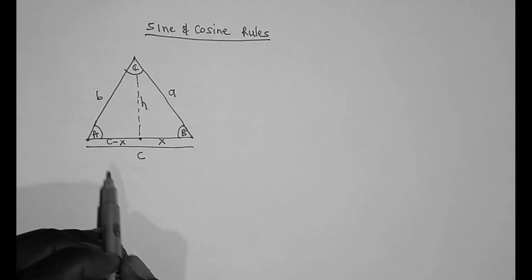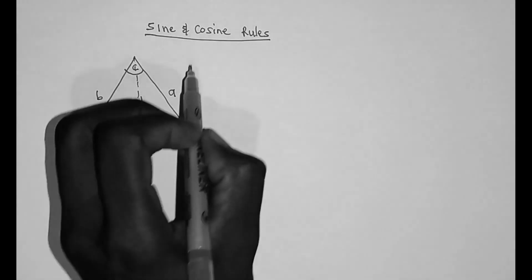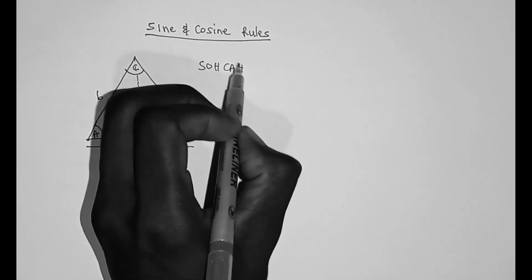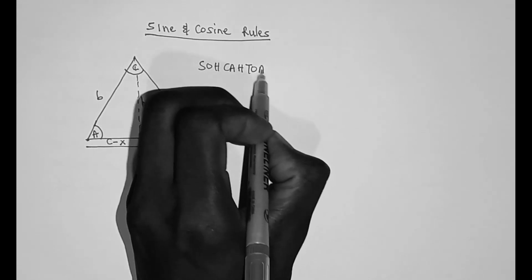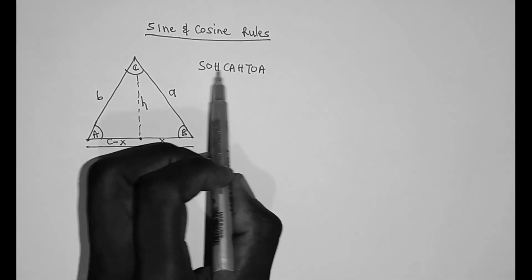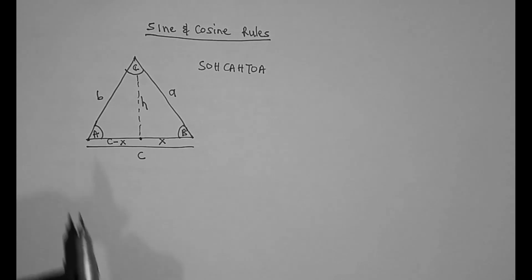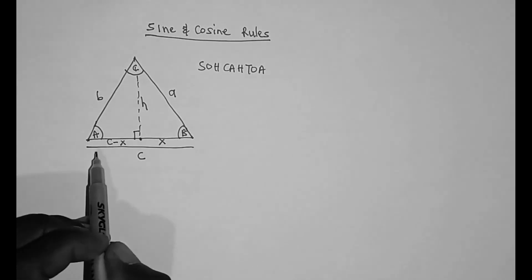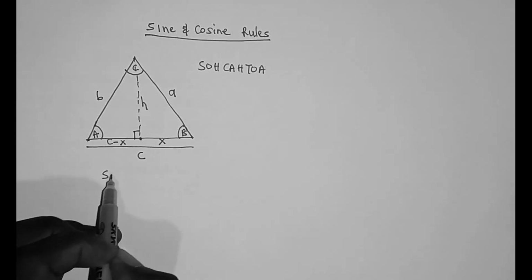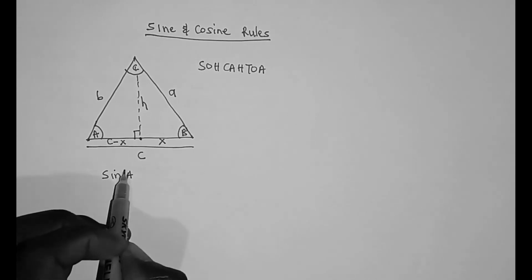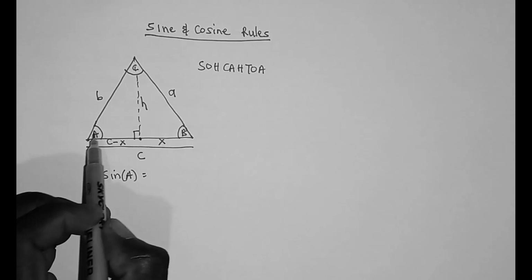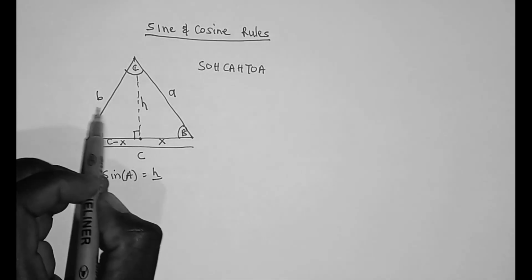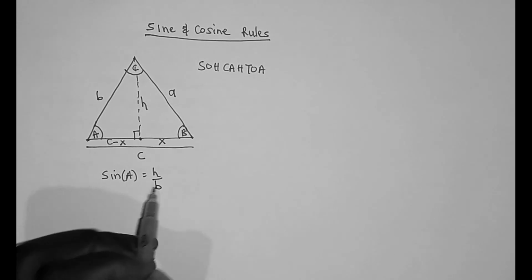So let's find sine A. Remember SOHCAHTOA. So we are using sine. Sine is opposite over hypotenuse. In this case, our 90 degrees is here. So sine A is equal to the opposite, which is h, over the hypotenuse, which in this case is b.